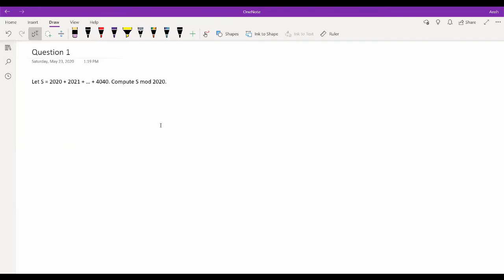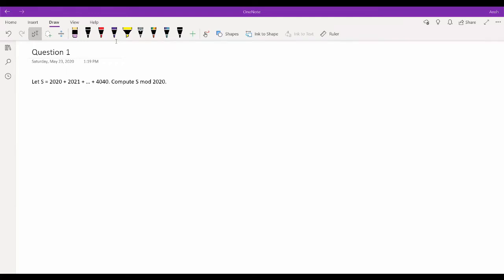Our first problem: we let S be the sum of the numbers from 2020 to 4040, and it asks us to compute S in mod 2020. Instead of finding the sum and then taking mod 2020, we can just take all the terms individually mod 2020.